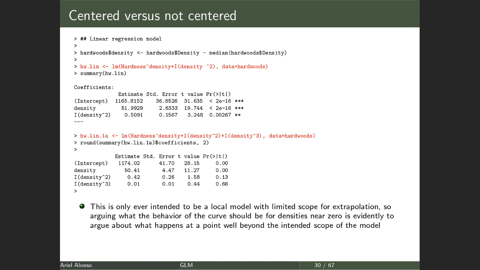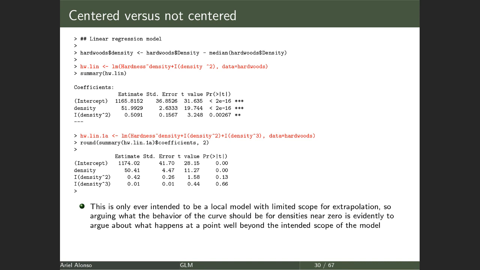If you remember when we studied linear regression some lectures back, the problem is that linear regression models many times are just approximations. They are never intended to have validity outside a certain neighborhood of the data, outside the range of the data. So this model was always intended to be valid locally, and it has limited scope for extrapolation.